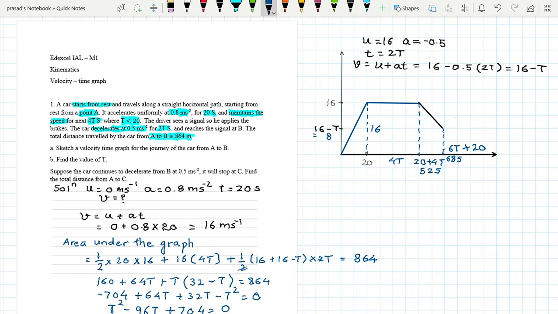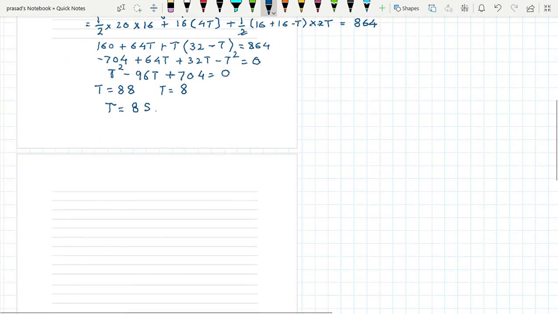So, I will consider now the journey from B to C. Now for the journey from B to C, the initial velocity u is 8 meter per second.